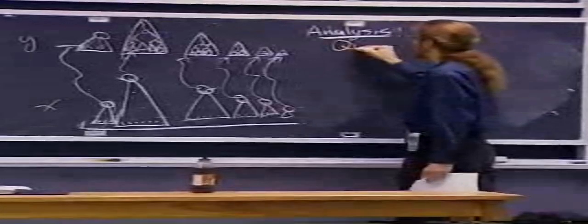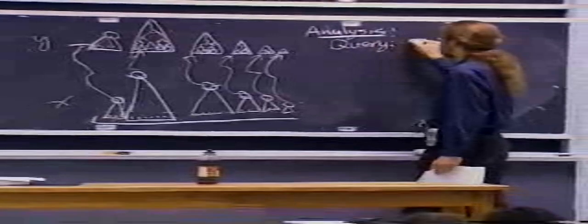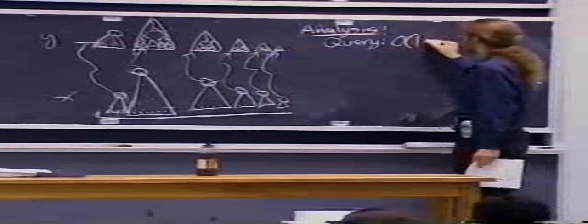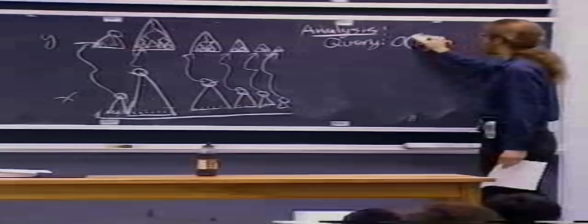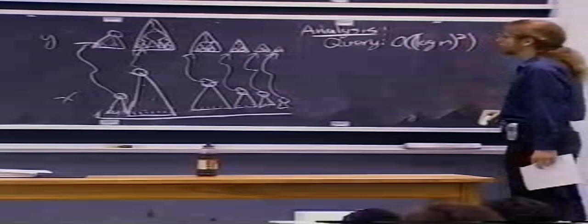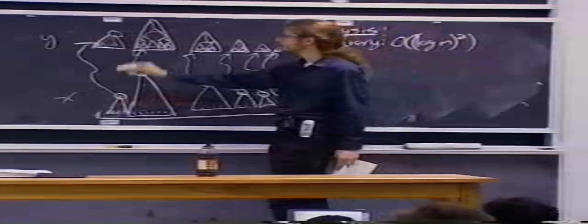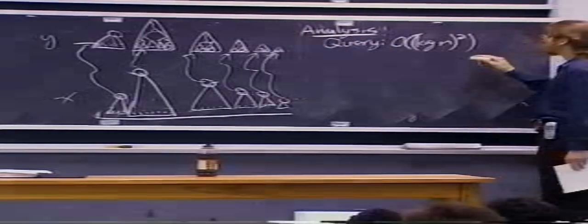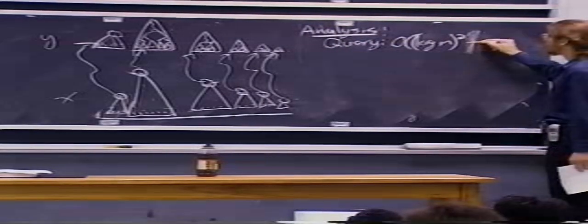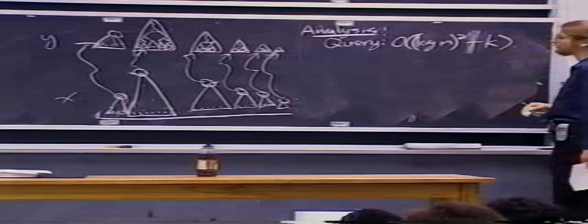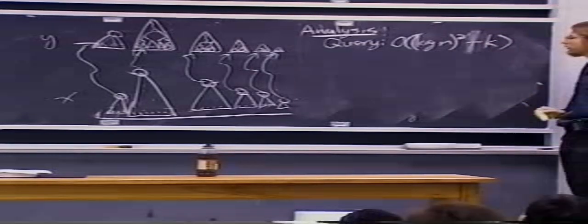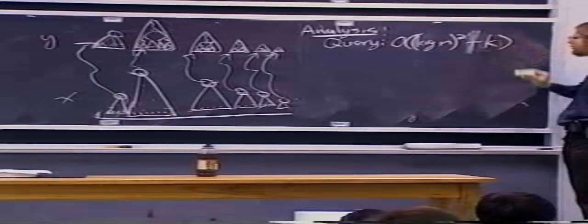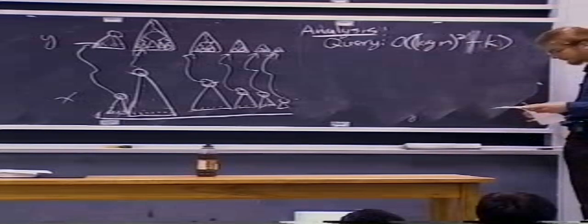So to do a range query takes me log n squared time. Because for every one of the log n subtrees, I have to do a search, and that takes at most log n time. Okay, maybe plus k if I want to write out the answers in the end. So for whatever the size of the answer is, depending on what kind of query I'm answering.